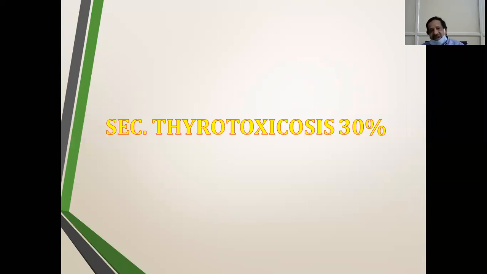That is the classical clinical picture in a case of primary thyrotoxicosis. Whereas in secondary thyrotoxicosis, there is a history of thyroid nodule, thyroid enlargement stretching from months, weeks to years. Suddenly, there is toxicity superimposed in 30% of cases.